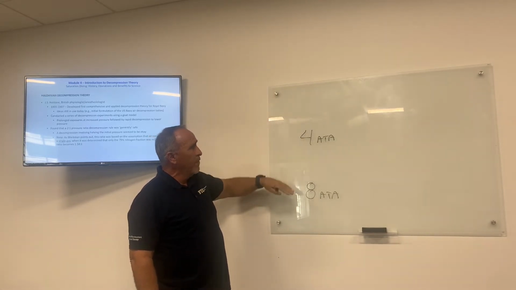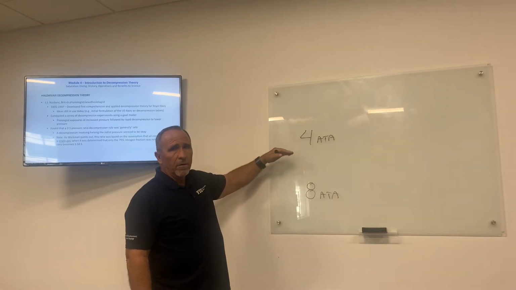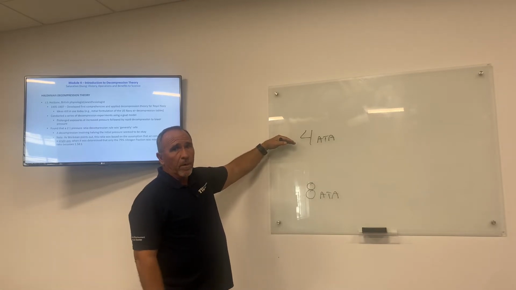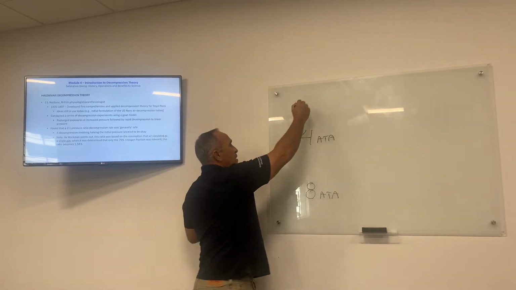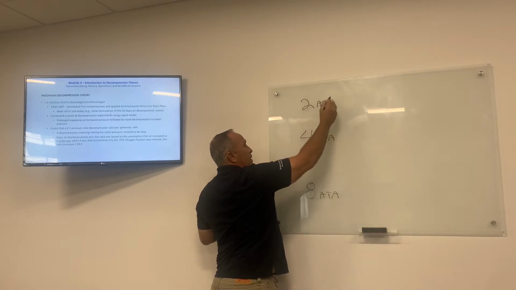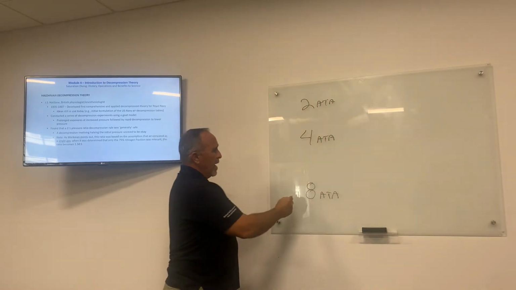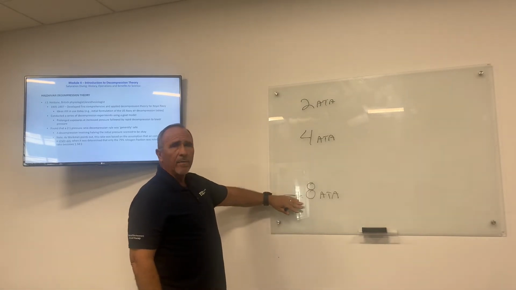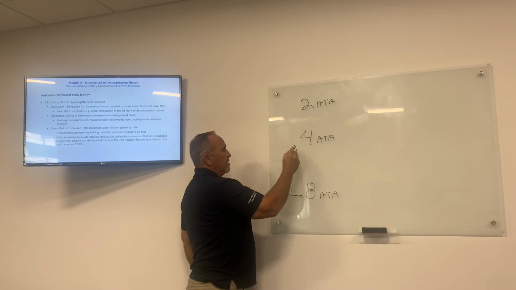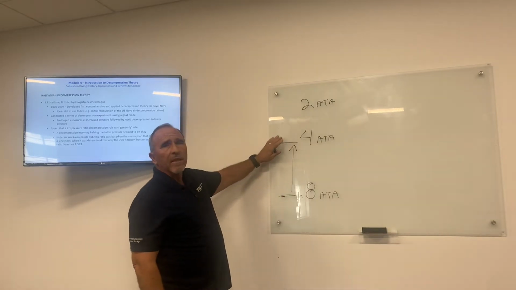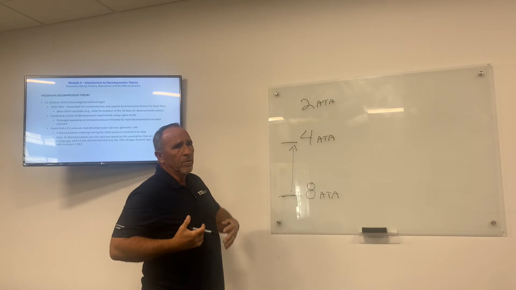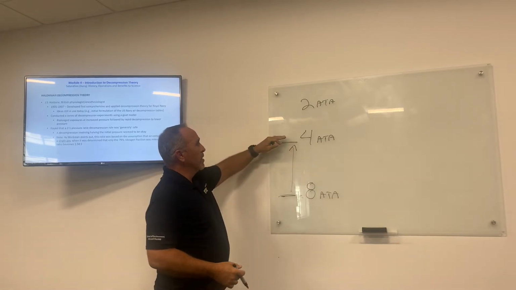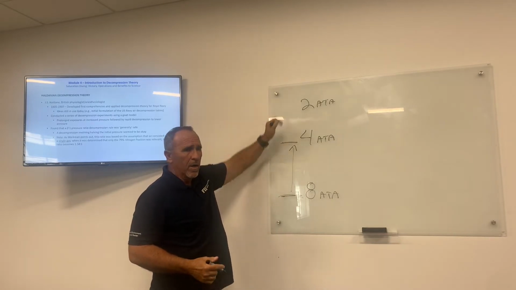So half of 8 is 4, okay? Then by half, 2-to-1, my next one would be 2 atmospheres. That would be my next stop. So if I made a dive to 8 atmospheres, then my first decompression stop should be at 4, and I should stay there for a certain amount of time until I get rid of some excess inert gas, so it's safe to move to my next one, okay?